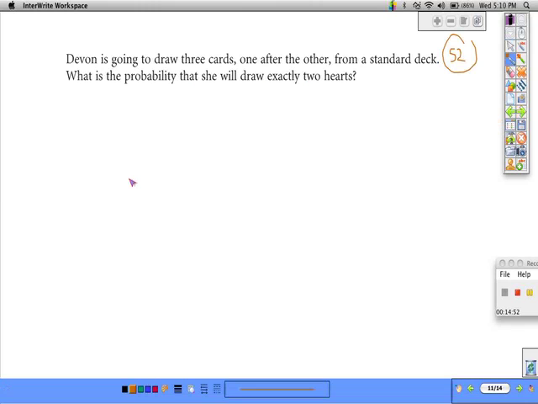So there are 13 hearts out of 52. That's the probability of picking a heart. Times. Now this doesn't say anything about putting the cards back again. So that means that now there are 51 cards in the deck. And there are only 12 hearts left. So the probability of getting a heart on the second draw is 12 out of 51.